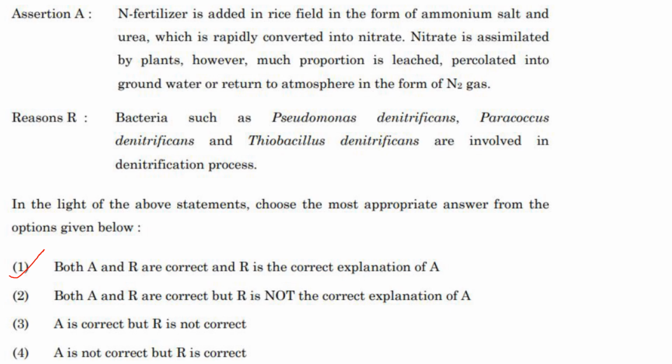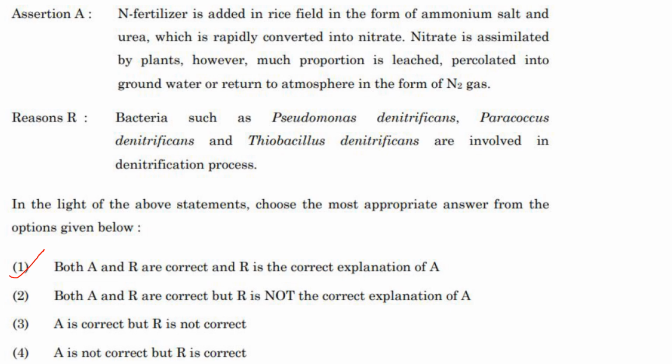Then, nitrogen fertilizer is added in rice field in the form of ammonium salt and urea, which is rapidly converted into nitrate. Nitrate is assimilated by plants. However, much proportion is leached, percolated into groundwater or returned to atmosphere in the form of nitrogen gas. Okay, that's correct.